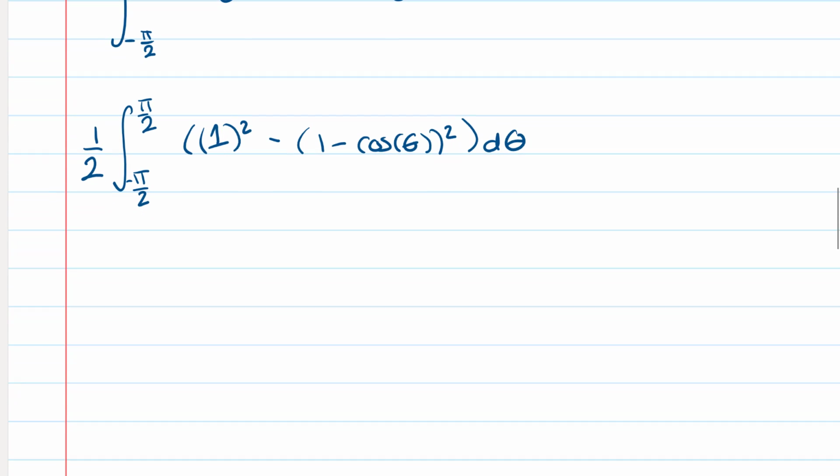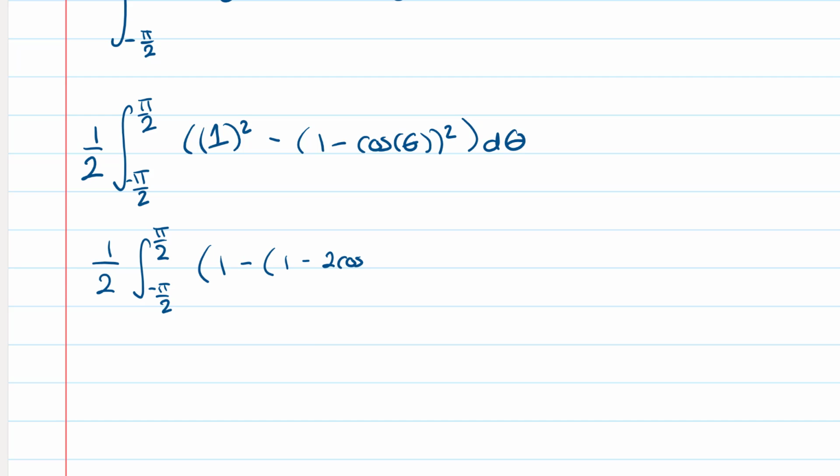All right, so we can work this out now. We get 1/2 integral negative pi over 2 to pi over 2, 1 minus, and then I want to go ahead and square that. So it's 1 minus 2 cosine theta plus cosine squared theta d theta.